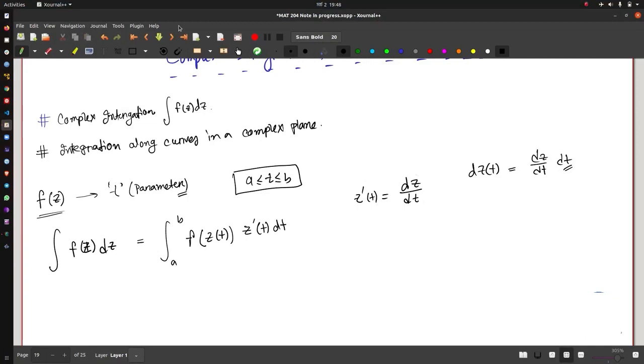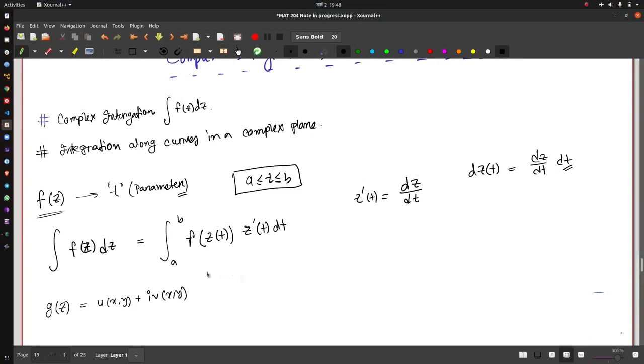Now another way to do this kind of integration is that, let's say you have a complex function, f of z, or let's call it g of z, just so we don't get confused. Let's say g of z, and you can write it down in terms of u of x, y, the real part, and v, the imaginary part, in terms of x and y.